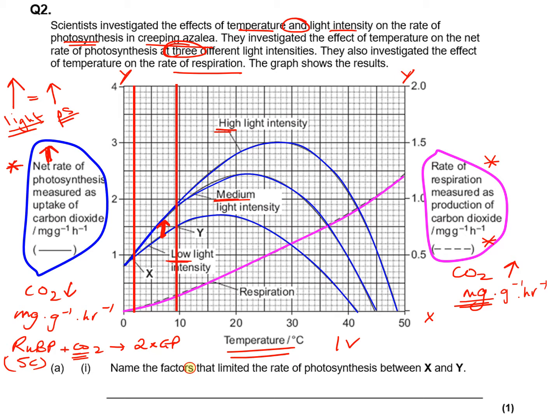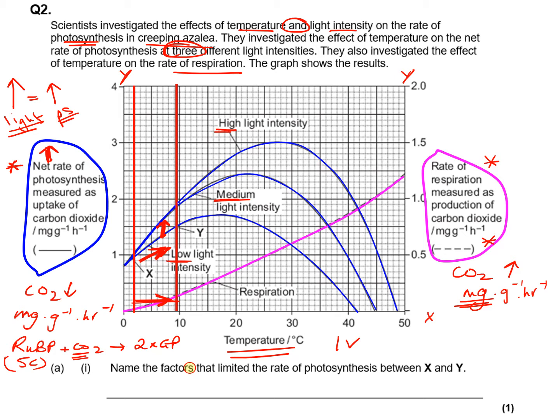And also as the temperature increases, if we just pick one light level, for example, low light, and we increase the temperature at low light, we get an increase in the net rate of photosynthesis. So if you increase light, we increase the net rate of photosynthesis. So light must be limiting. And also, if we choose one light level and we increase the temperature, we also increase the net rate of photosynthesis.